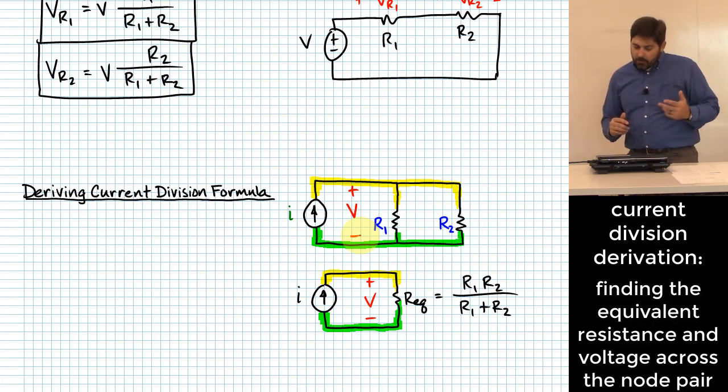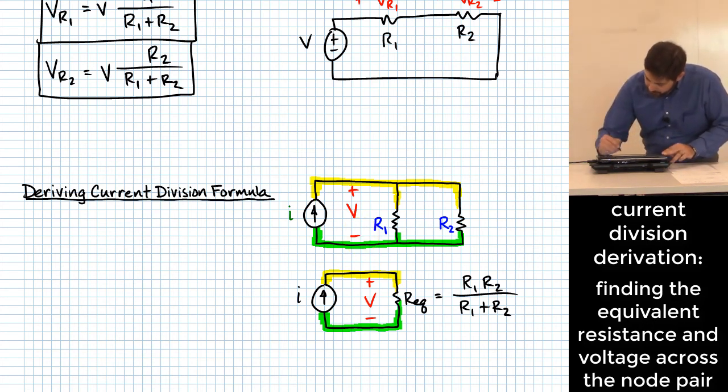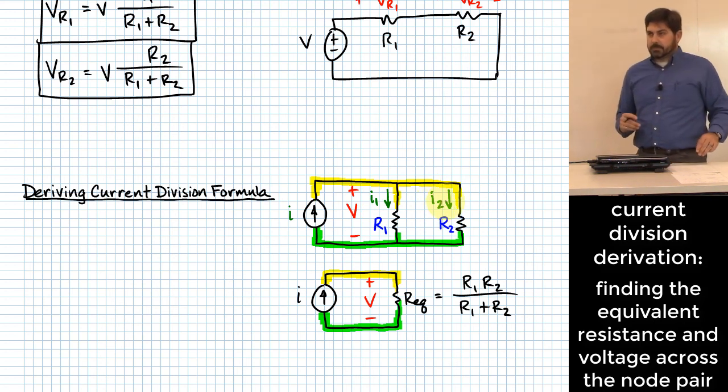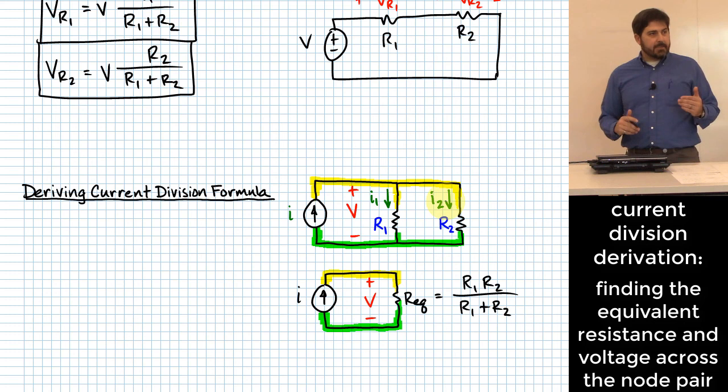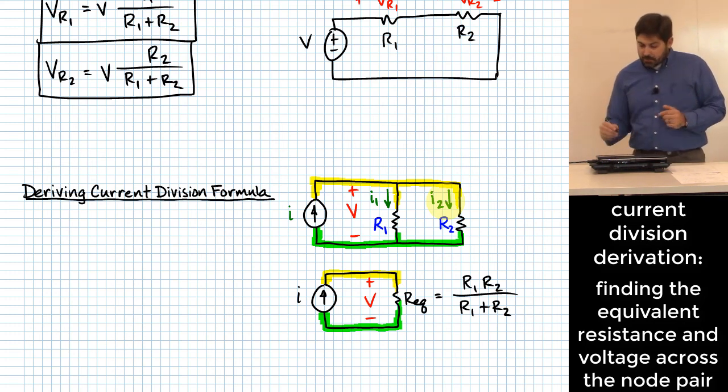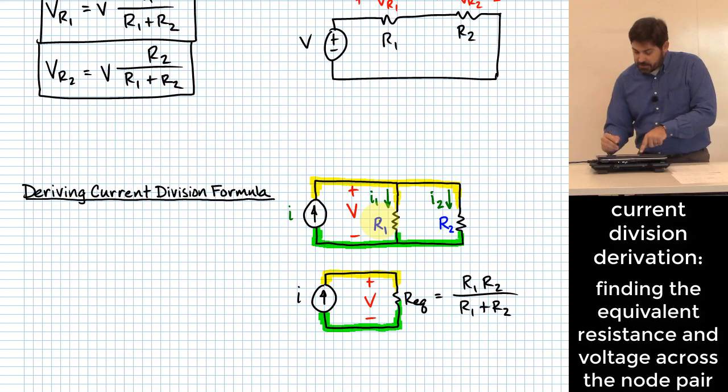All right, now how would I come up with currents that flow through either one of these resistors? I'm going to label these maybe I1 and I2. Does Ohm's law have anything to say about that? It's going to be related to the voltage, because voltage over resistance gives you current. Before I do that, let me go back, I'm giving you a preview of where we're going.